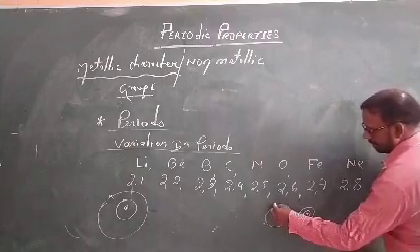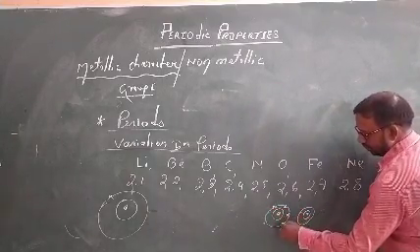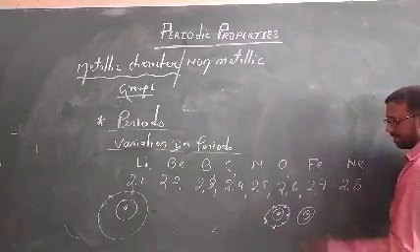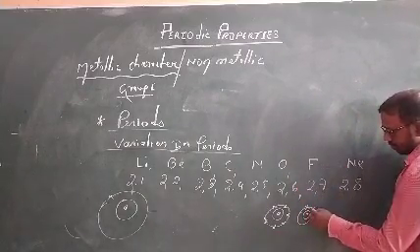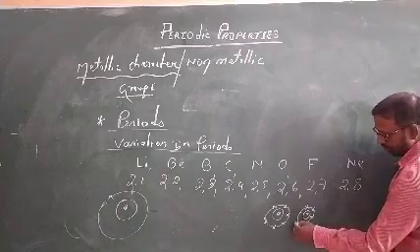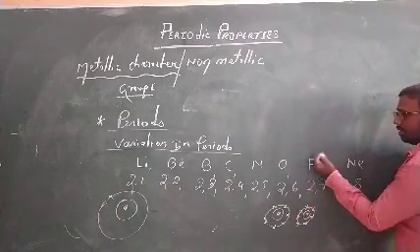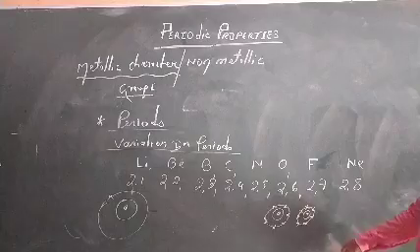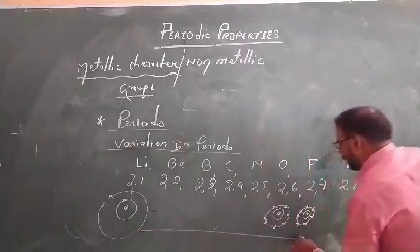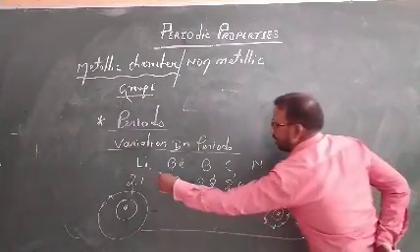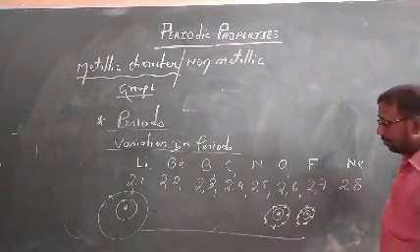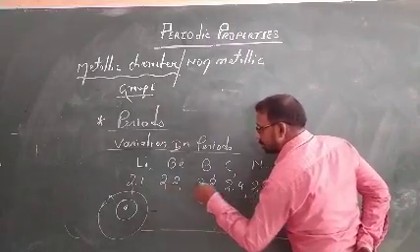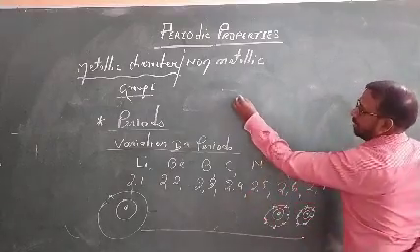You can see 1, 2, 3, 4, 5, 6 electrons in the valence shell. In the case of fluorine, it has 1, 2, 3, 4, 5, 6, 7. Sorry, 7. You can see that size decreases when we move from left to right in a period. Why is it happening? Because all of them have the same number of shells.